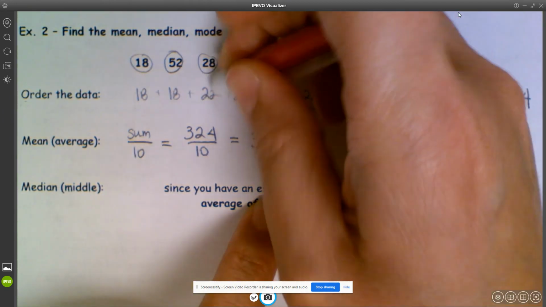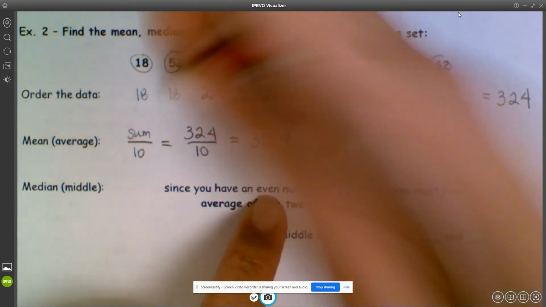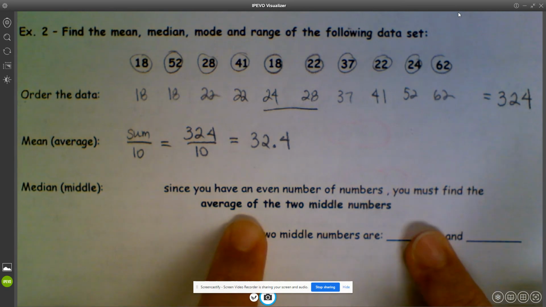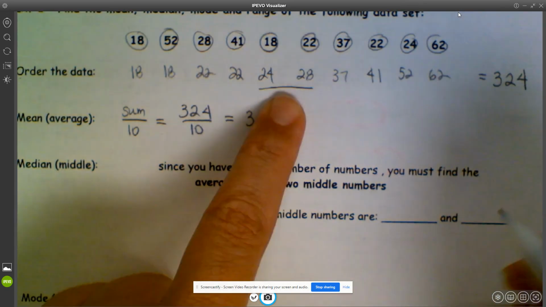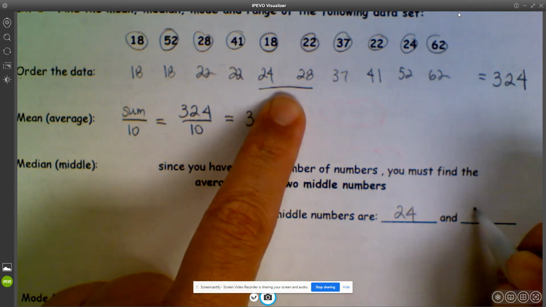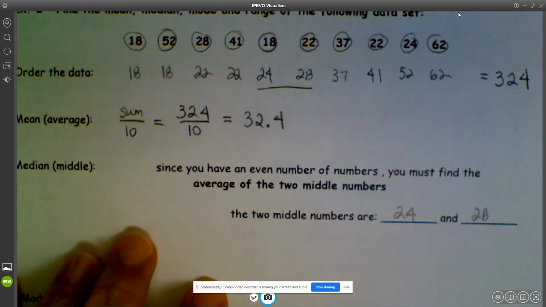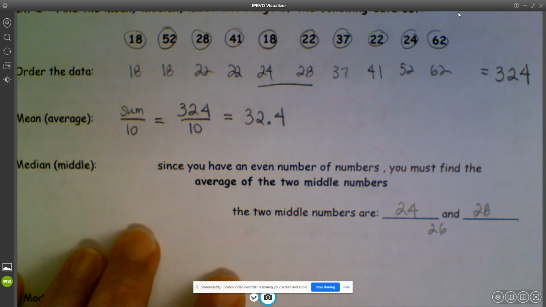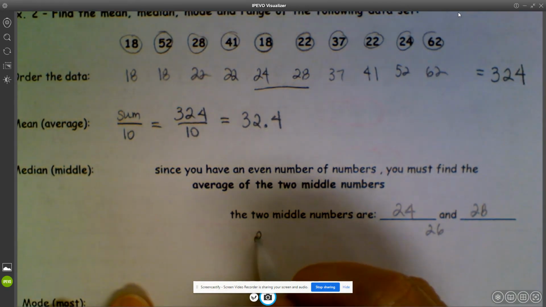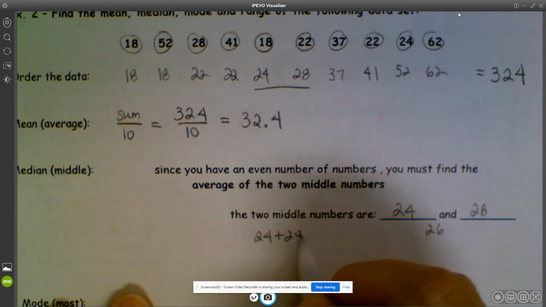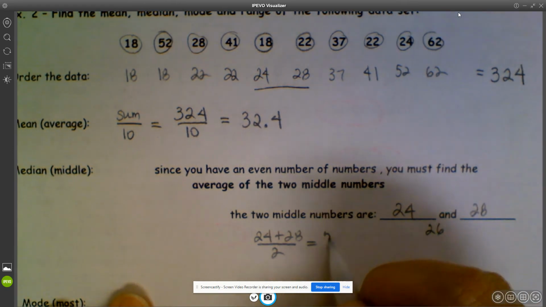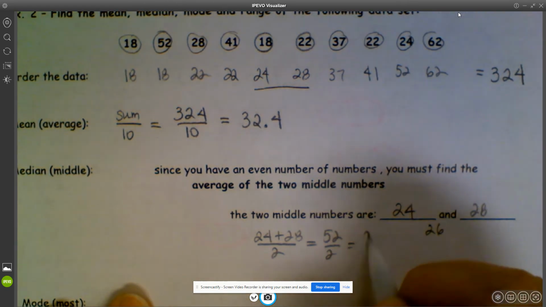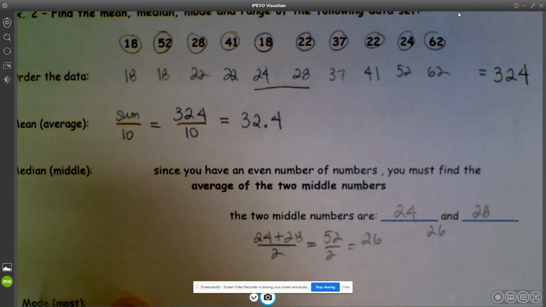This will happen anytime I have an even number of numbers. You must find the average of the 2 middle numbers. So my 2 middle numbers are 24 and 28. I'm hoping you would know that the number in between them is 26. But if you don't see that, you can always take 28 plus 24 and divide it by 2. And there it is, if you needed to see it that way.